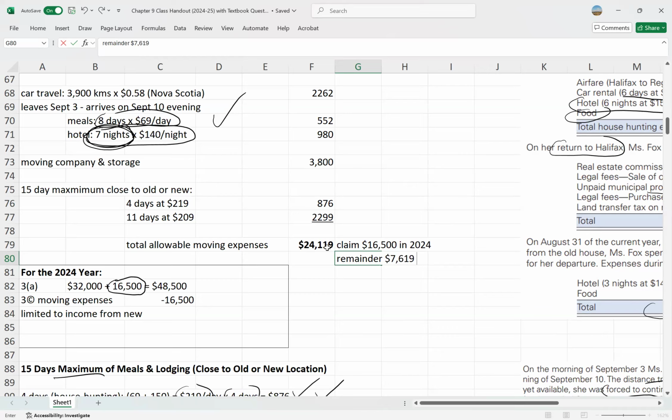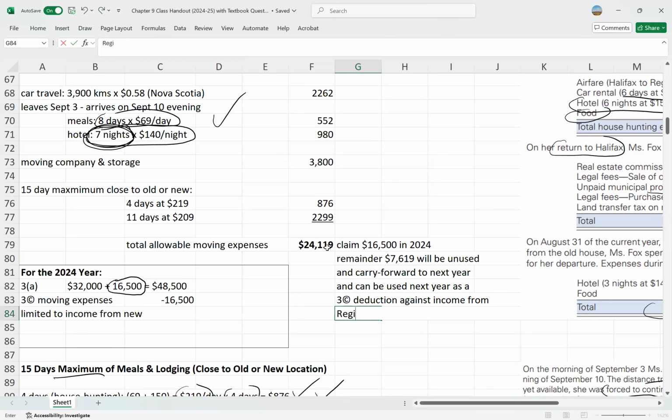The remainder will be unused and carry forward to next year and can be used next year as a 3C deduction against, again, income from the Regina job.